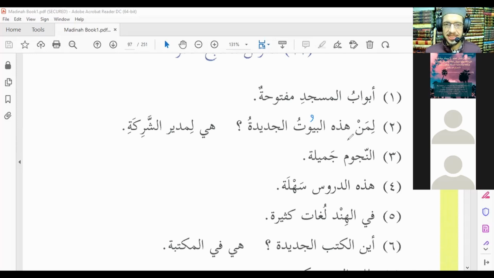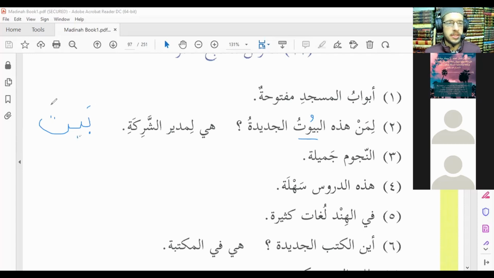Whose is this new car? Buyut means cars. What's the, okay, so buyut, I'll give you a hint. Buyut is plural. So what's the singular of buyut? Oh, it's not car. Bait is the singular and buyut is the plural.